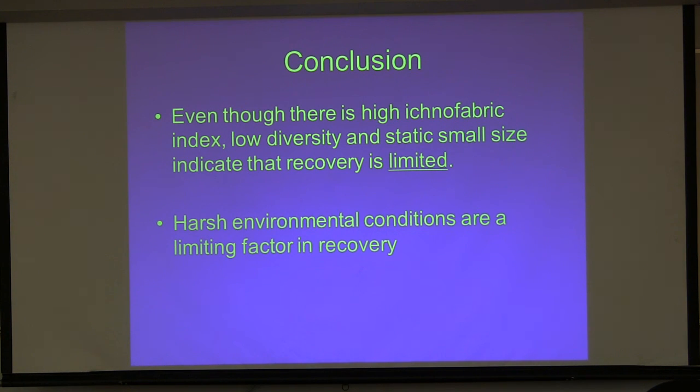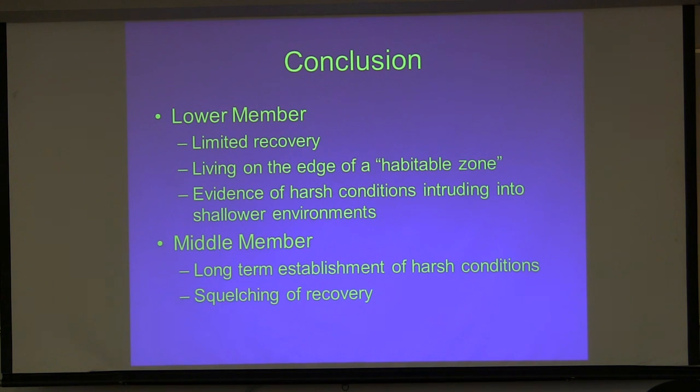So in conclusion, even though there's a high ichnofabric index, the low diversity and the static small size indicate that recovery is actually limited in this area. Harsh environmental conditions are therefore a limiting factor in the recovery in this area. In the lower member, there was limited recovery.